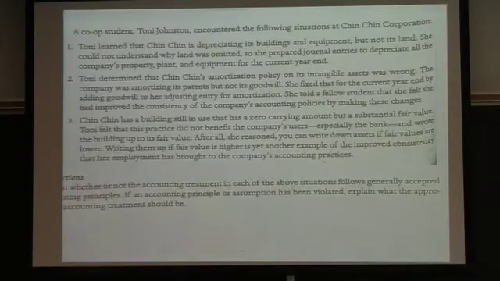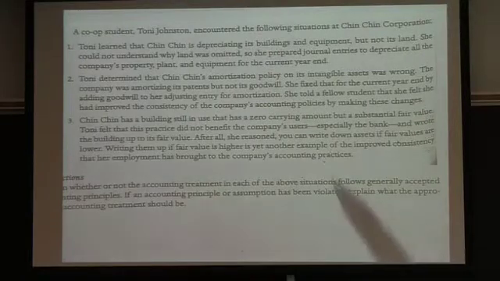Tony felt that this practice did not benefit the company's users, especially the bank, and wrote the building up to its fair value. So what Tony has done is she's saying that given the fact that the building has a substantially higher fair value, it would make sense to write up the building to fair value as opposed to leaving it at carrying value, which is 0.